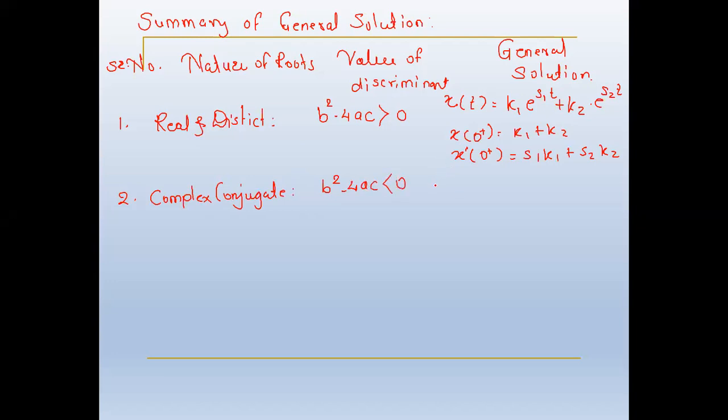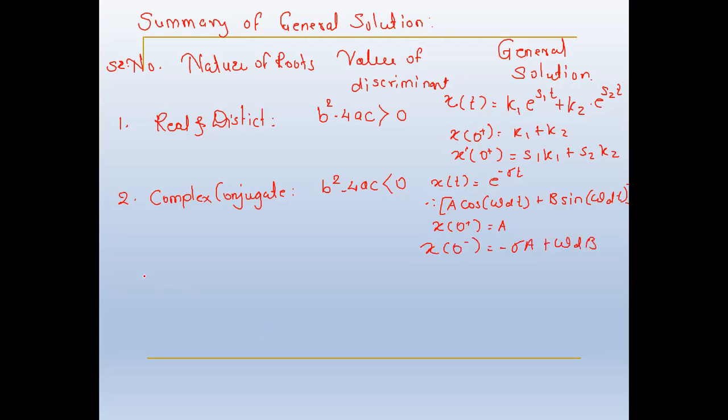So the solution will be x(t) = e^(-sigma t) (A cos(omega_d t) + B sin(omega_d t)), where x(0+) = A and x'(0+) = -sigma A + omega_d B.